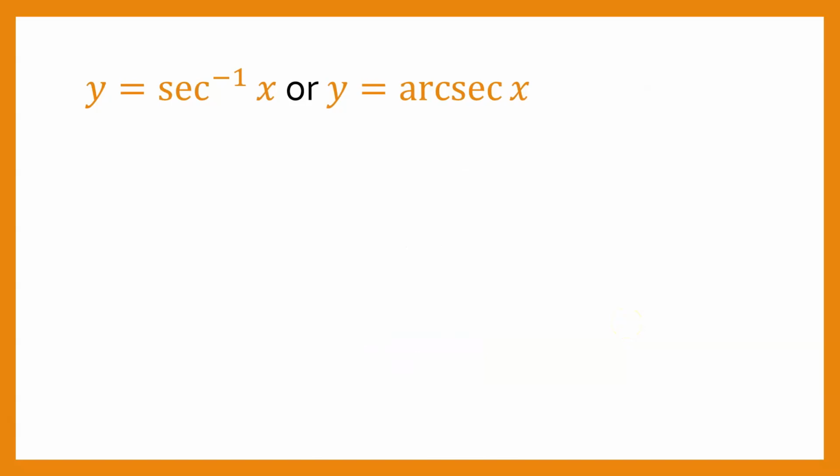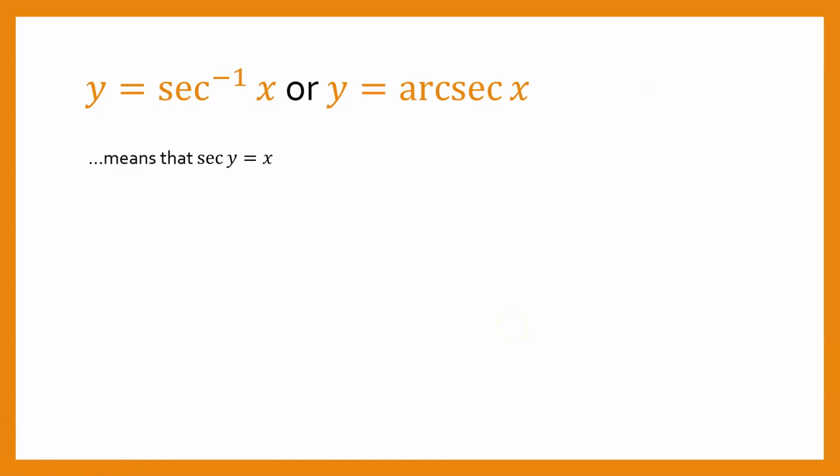Okay, working our way through the inverse trigonometric functions, the next one we come to is the inverse secant, or arcsecant function. What's the derivative of that? Again, we start with: if y is the arcsecant of x, that would mean that the secant of y equals x.